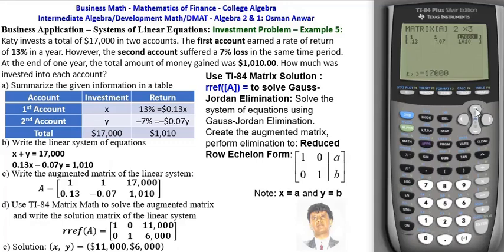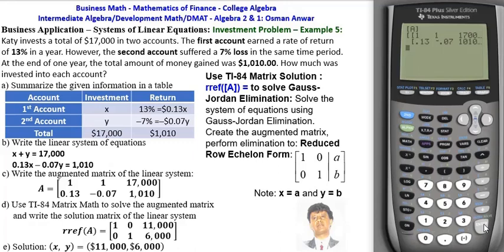Okay, make sure your entries are correct. So it is 1 and 0.13 for the x values. The y values are 1 and minus 0.07, and it is augmented with 17,000 and 1,010. Okay, second quit. Second matrix. Okay. Hit enter. Make sure the entries are correct.